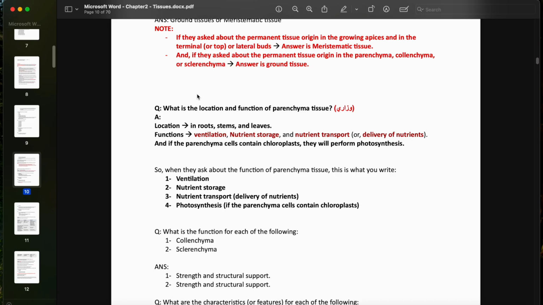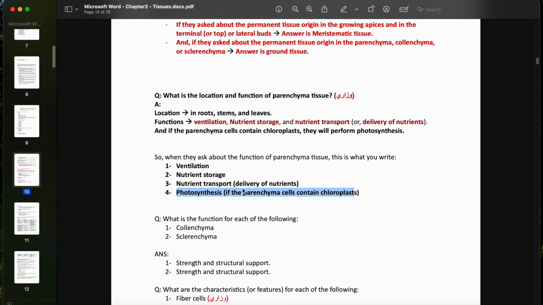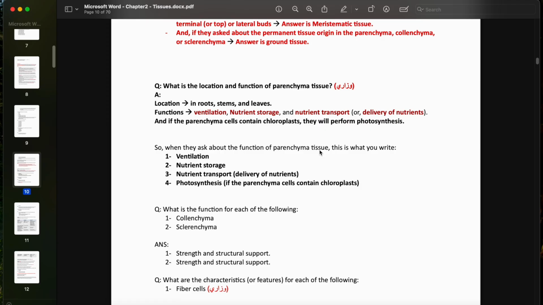And if the parenchyma cells contain chloroplasts, they will perform photosynthesis. So this is the fourth function. If they ask you about the function of the parenchyma tissue, we have 4 functions: the classic 3, and the 4th one being photosynthesis, only in the case of the presence of chloroplasts.